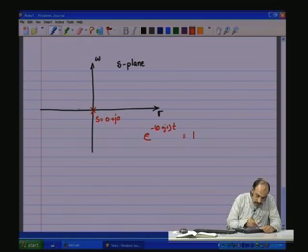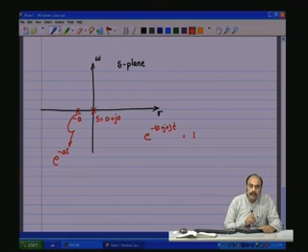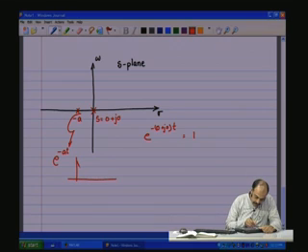If there had been a pole at this point, minus a, then here it would have been e to the power of minus a t, a being some number other than 0, and therefore, here you will see that there is an exponential decay starting from 1.